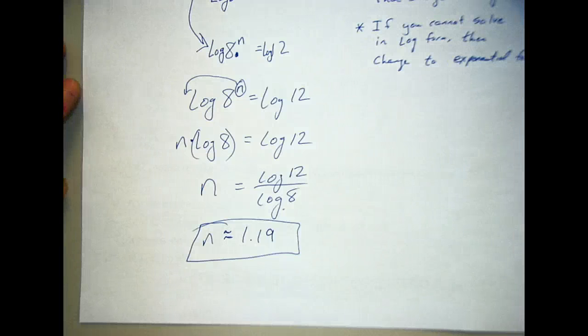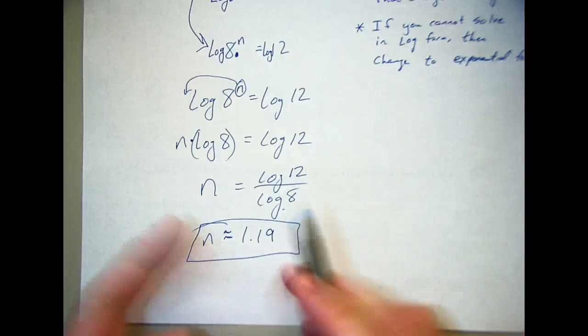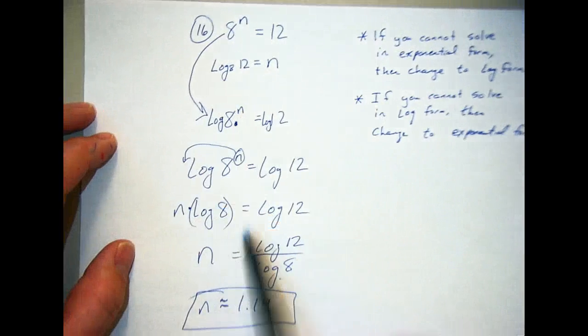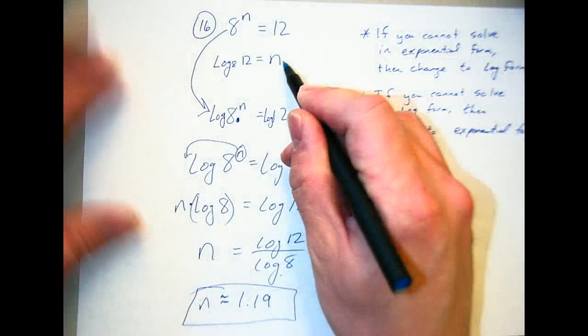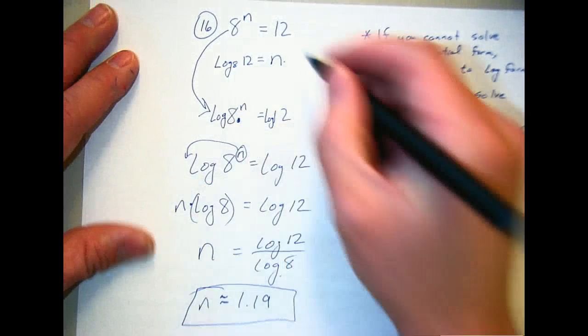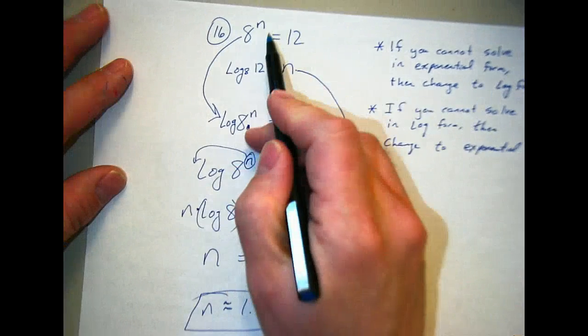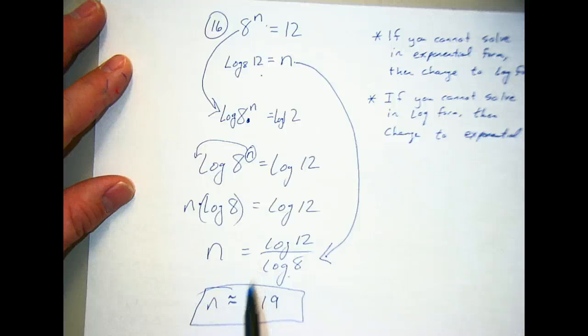What you have just done there is called the change of base formula. Now, remember, if you have a scientific calculator, you don't have different bases on it. And I'm not letting you use your graphing calculator that will work in base 8. Then you would have to be able to take this form right here and write it directly to that. So you go from exponential to log and then write it as this.